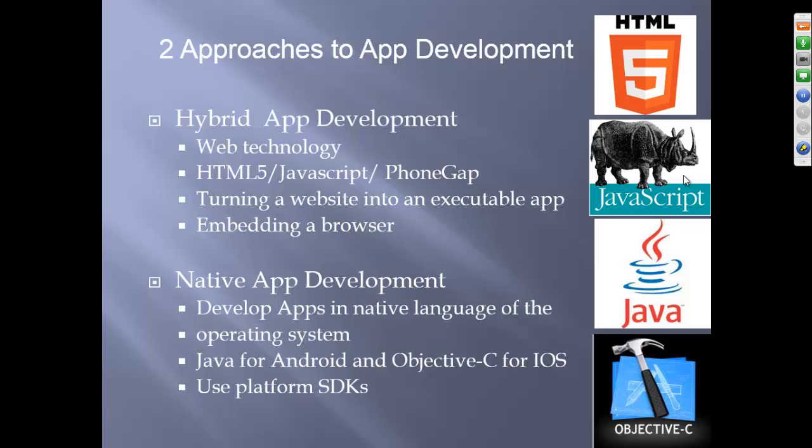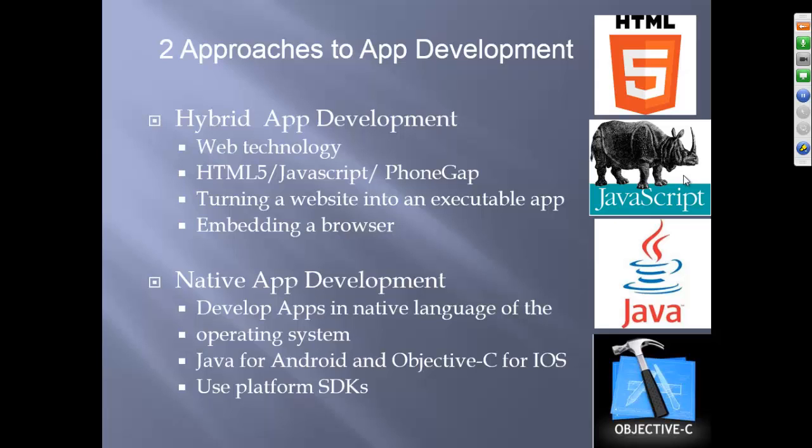When you're building a hybrid app, what you're essentially doing is you're using HTML, JavaScript technology, which is the same technology that you build websites with, and you are turning this, let's call it a website, into an executable app by using some kind of a wrapper technology.